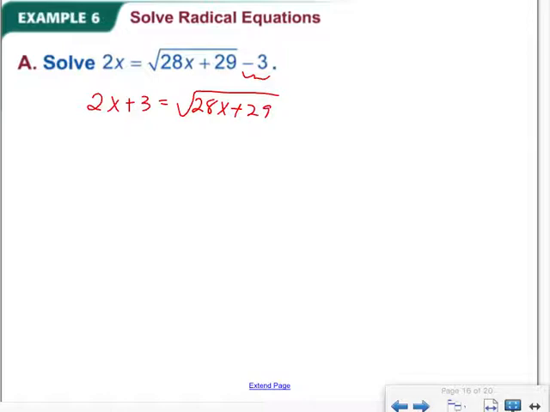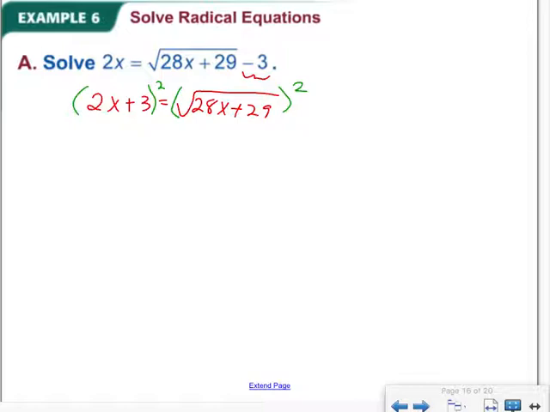Now in the last equation, we used a cube to get rid of a cube root. So now we're going to need to use a square to get rid of a square root. To do that, please surround both sides in parentheses, and then square both sides.